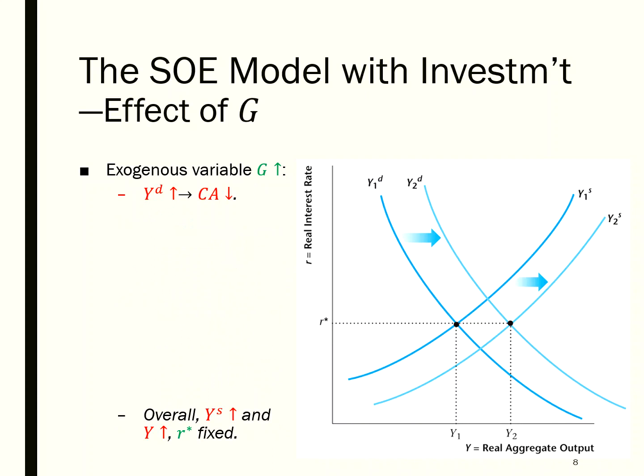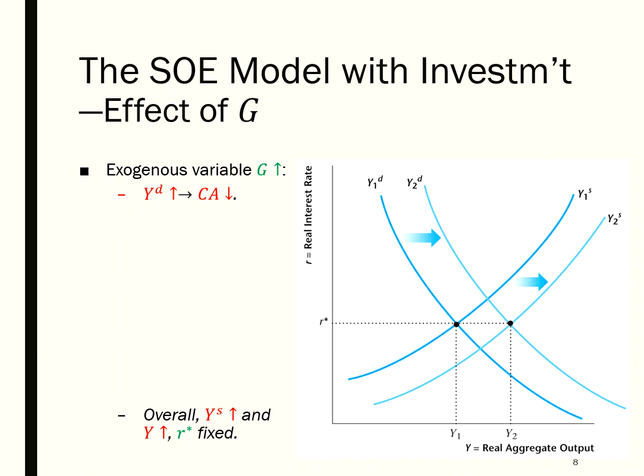The second analysis is the effect of government expenditure G. G enters the economic system via the aggregate demand of output. So the first round or immediate effect is on the aggregate demand curve, which is a shift to the right. But in this analysis, we only allow one exogenous variable to change, that is an increase in G. So other exogenous variables like the interest rate R star have to be fixed at the original level.